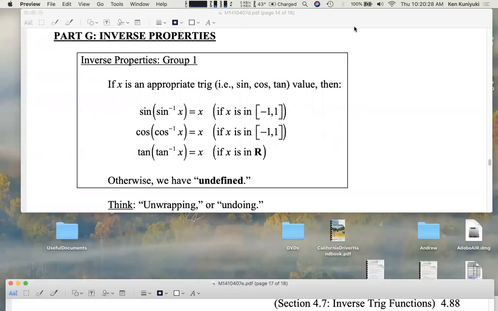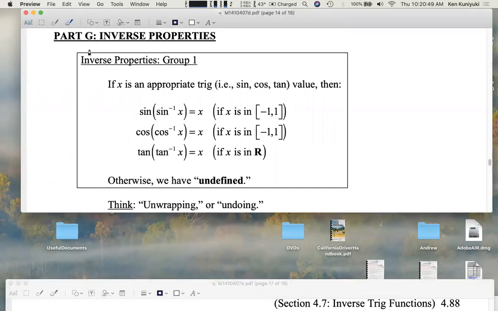Hi everyone. We've been looking at two groups of inverse properties for trig functions and their inverses. In many situations, trig functions and their corresponding inverse functions undo each other. For example, sine of inverse sine, or arcsine of x, equals x if x, this inner argument, is in the range of the outside function, in this case sine.